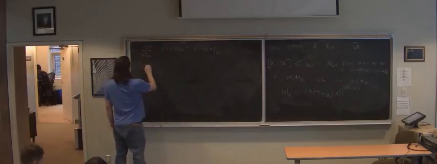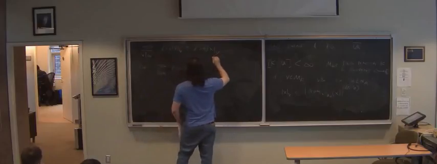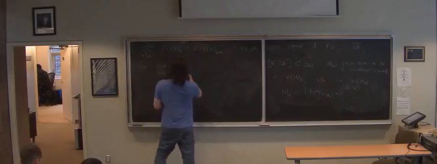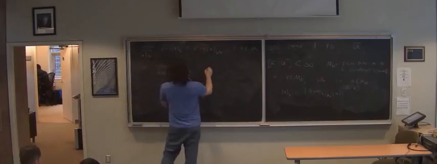So as a corollary, the product formula holds, if x is already in Q. And if you sum over all v the log of the v-adic norm of x, you get 0.